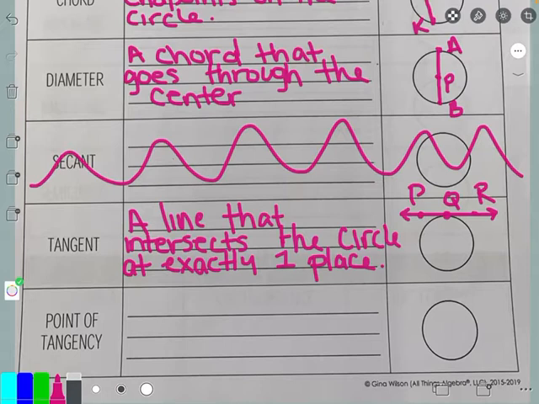Last word on this page is the point of tangency, and that's the point where the tangent line touches the circle.